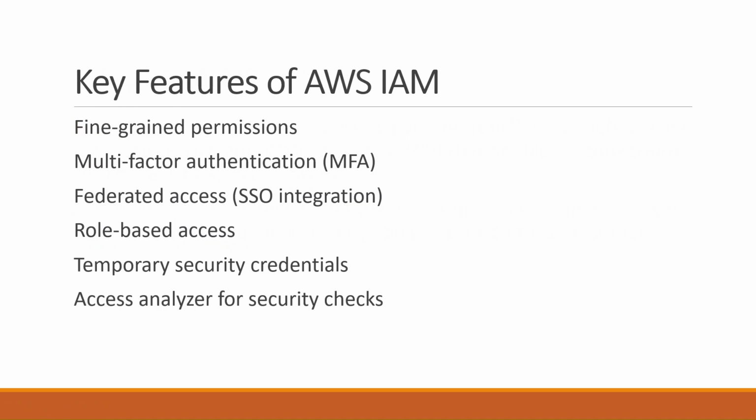Now let's see what the key features of AWS IAM are. Firstly, fine-grained permissions. That means you can control exactly what actions a user or service is allowed to perform and on which AWS resources.